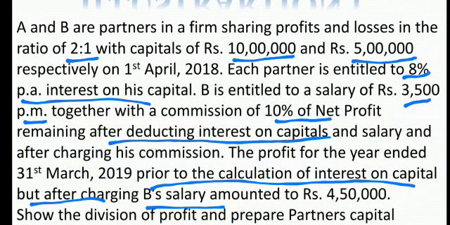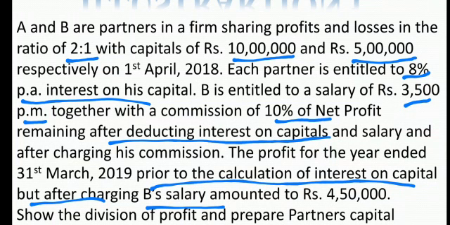Net profit should be without deducting the salary of B. So we have to now calculate adjusted net profit where B's salary will be added back to it in order to find out the amount of net profit to be transferred to the credit side of partners' profit and loss appropriation account. Right?